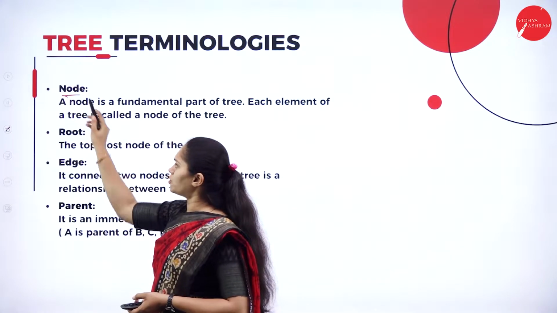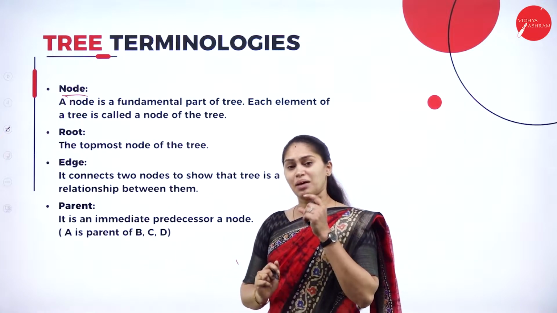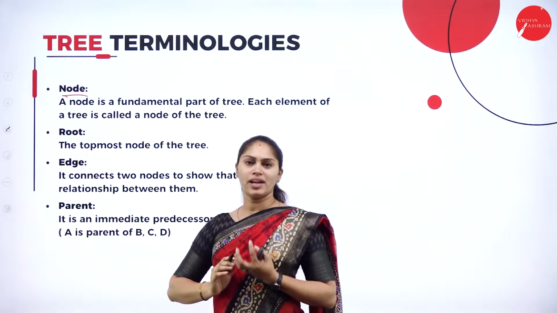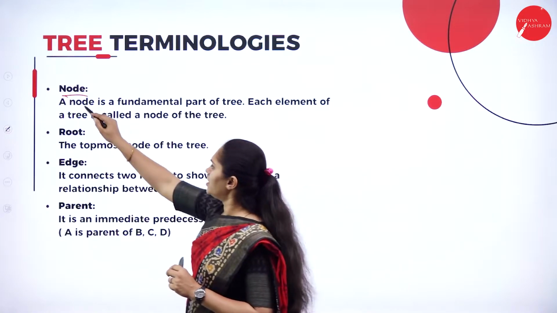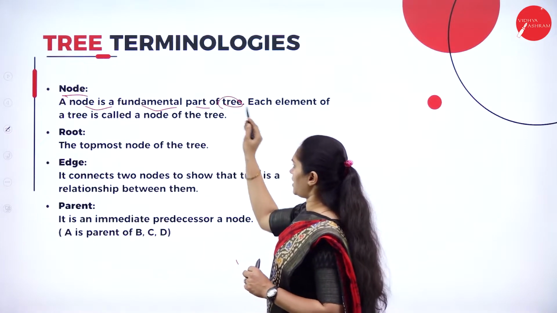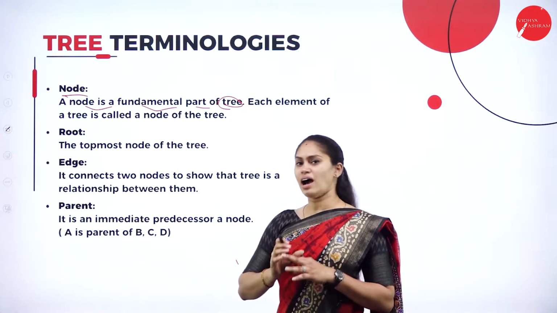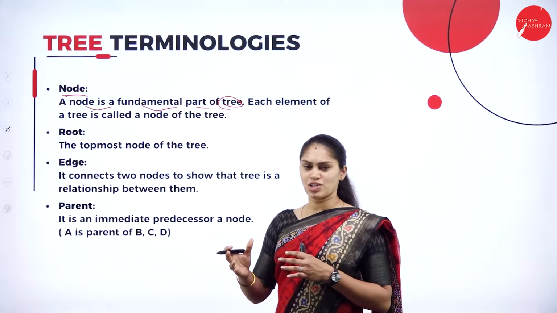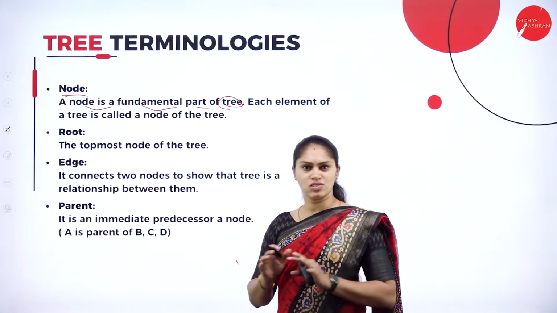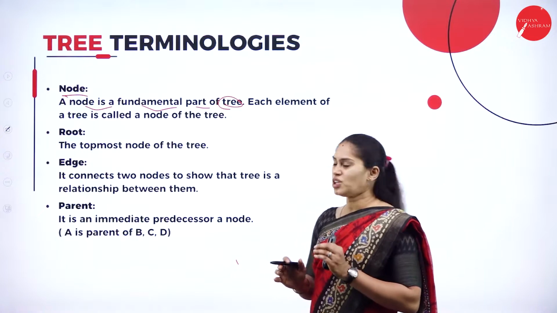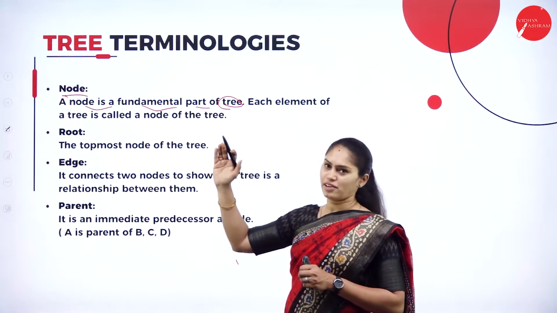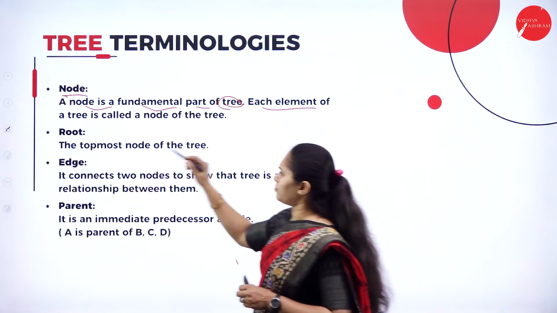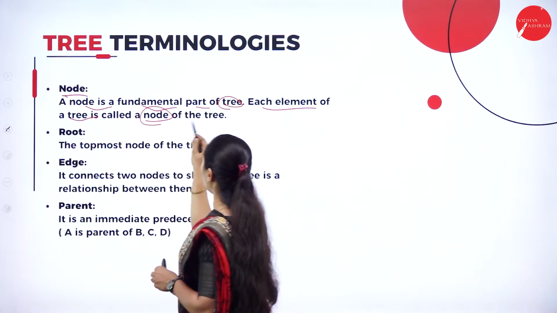First, I have a node. If I say node, which is capable of holding a certain item or an element, then we will be calling that a node. Node is a fundamental part of a tree. Each tree is going to have n number of nodes. There is no restriction of having only 5 nodes, 6 nodes, not like that. Each element of a tree is called a node of a tree.